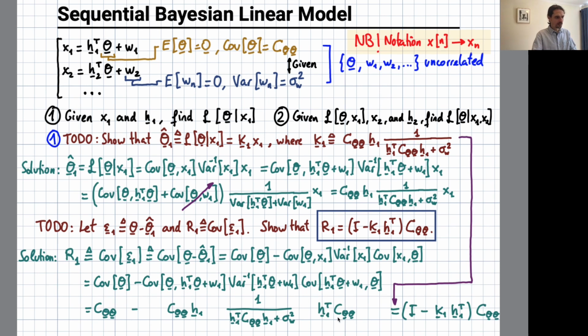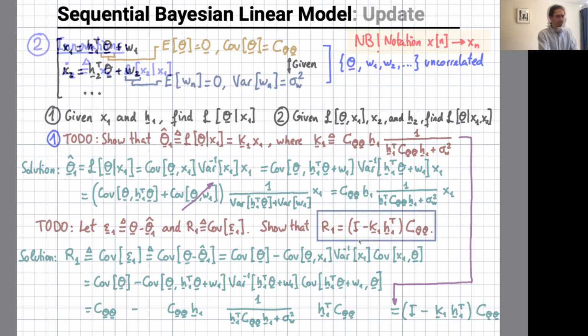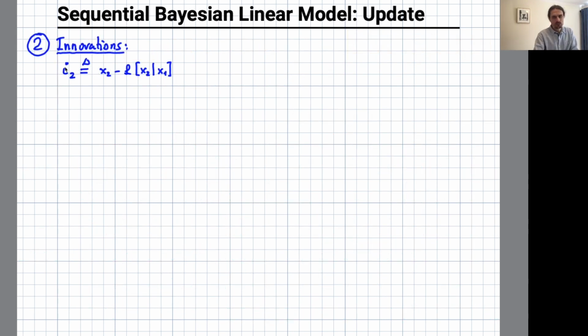By taking a common factor to the right, C theta theta, and using this definition here, we arrive at the desired expression. So now we know not only the LMMSE estimator at step 1, but also the covariance matrix of its error. So let's go for the second step.